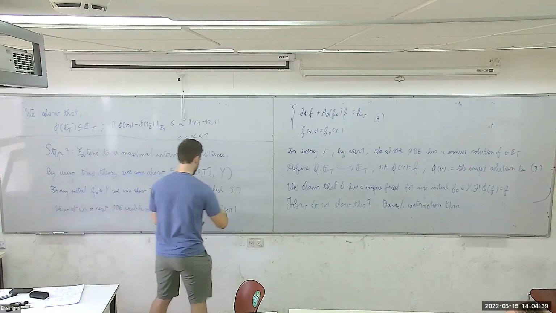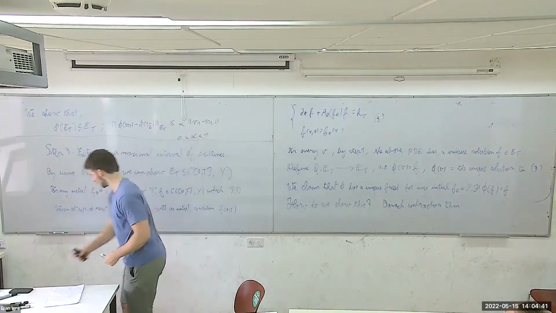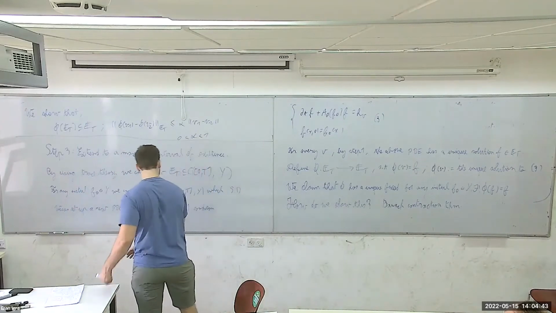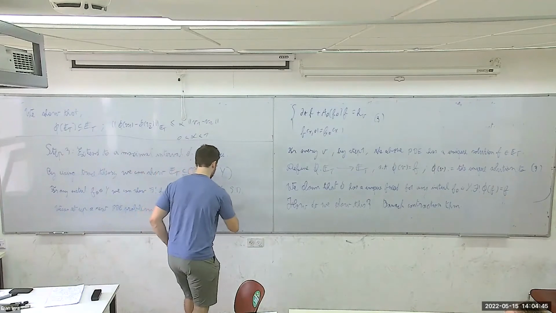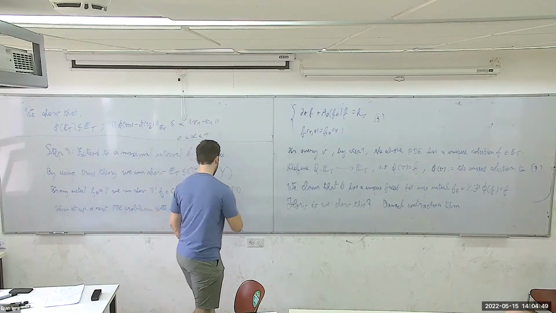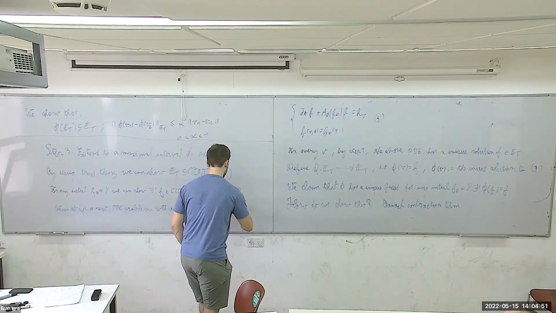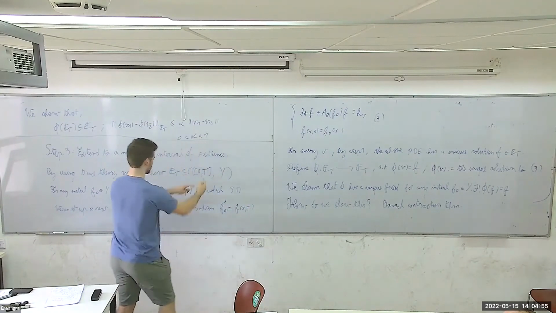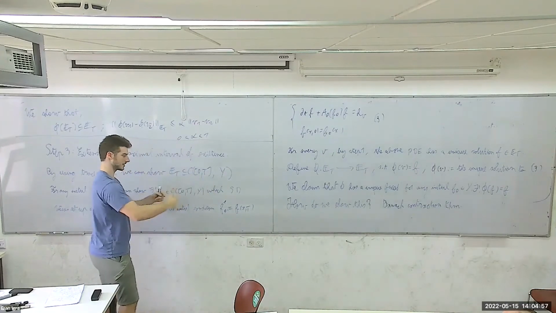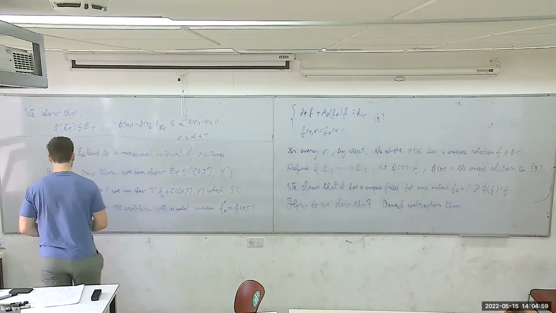So initial condition, let's just call it f_{0,1}, equal to this. Okay. And then we do this again. So this lets us extend.